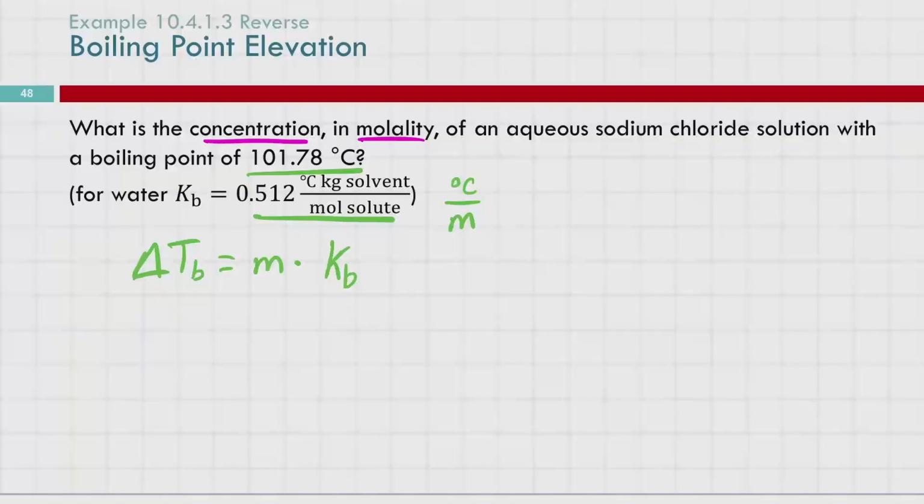All right, we are finding concentration in molality. Molality gets the symbol lowercase m. So we're finding lowercase m. We need to do a very little amount of algebra. So we're going to divide both sides by KB.